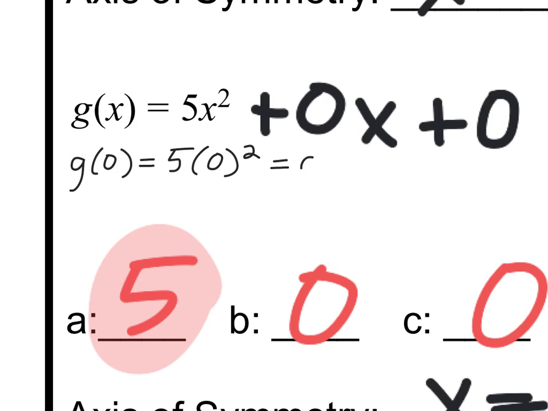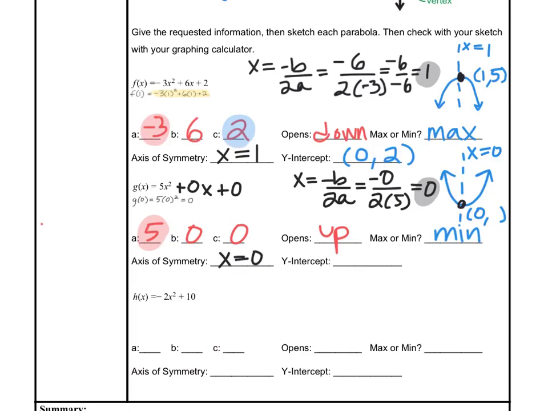So you should get 0 when you type it in. That's my y value for my vertex. So y value for the vertex, I'll write it down, is 0. The c value for your y-intercept is also 0. So my y-intercept is going to be 0, 0.